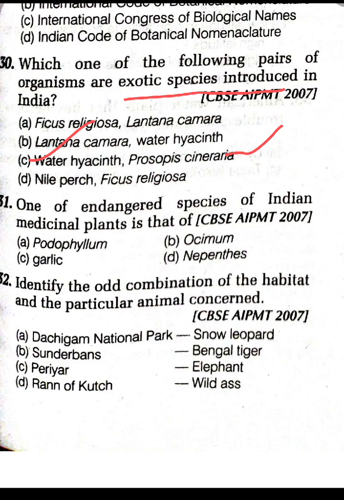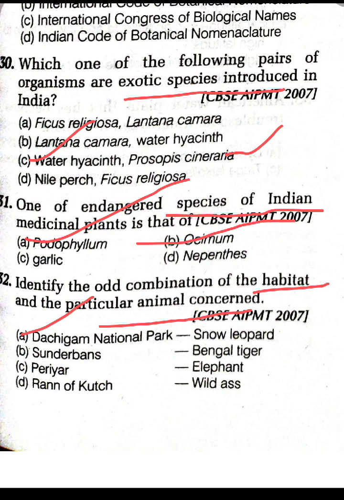Next, one of the endangered species of Indian medicinal plant is that of Podophyllum. Option number A, Podophyllum. Identify the odd combination of the habitat and the particular animal concerned. So it is option number A, the Dachigam National Park.